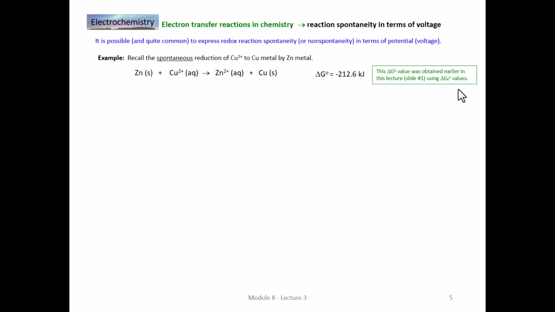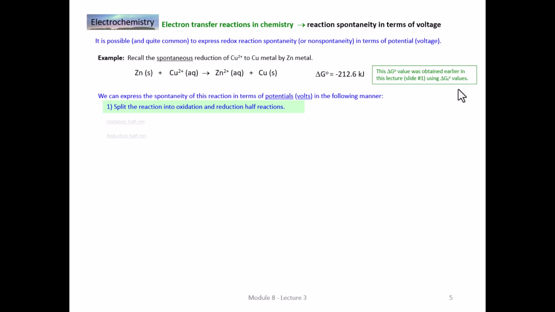It's very spontaneous. Now we can express the spontaneity of this reaction in terms of potentials or volts in the following manner. The first thing you want to do is split the reaction into oxidation and reduction half reactions. We ought to be able to do this now after practicing balancing redox reactions.